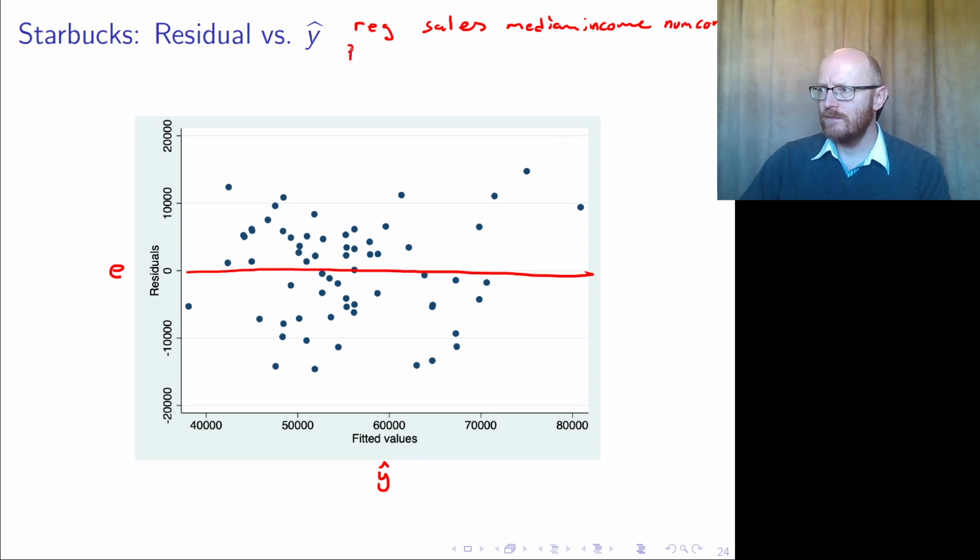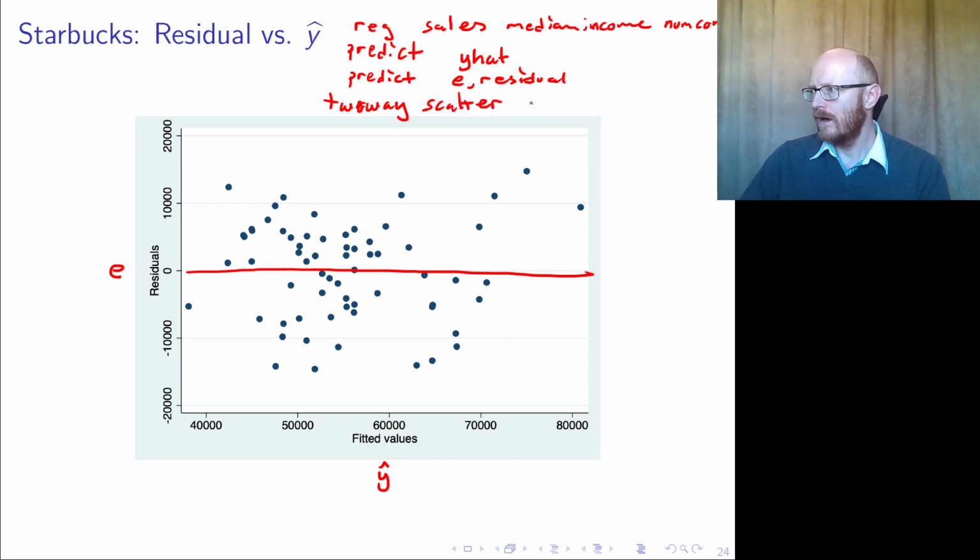Okay, and then you predict the y hat, and then you predict the error, the residuals, and then you just plot a two-way scatter of E and Y hat.